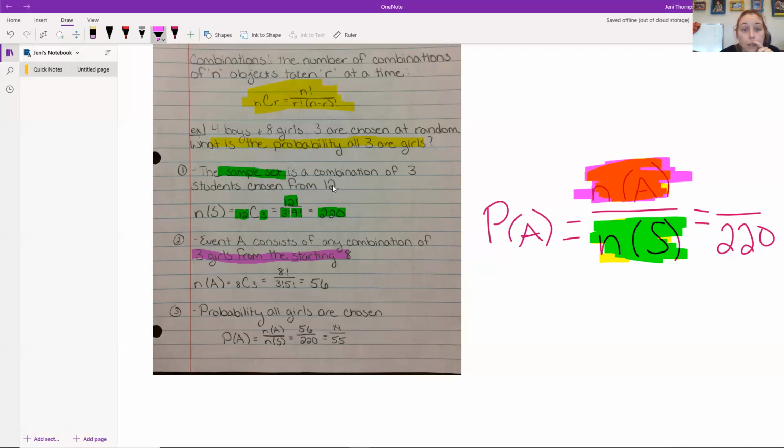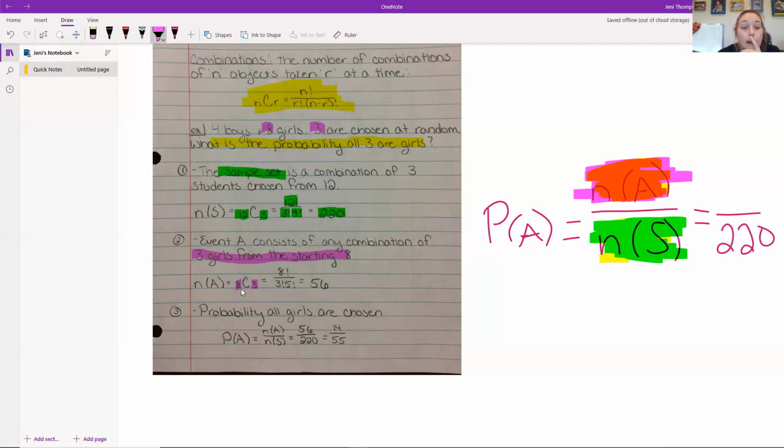We only have 8 girls, and we need 3 to be picked. That's where we're getting our n and r. Our n is our number of objects, our total number of girls. R is the number of times we can pick. So we can only pick 3 girls and we have 8 girls.